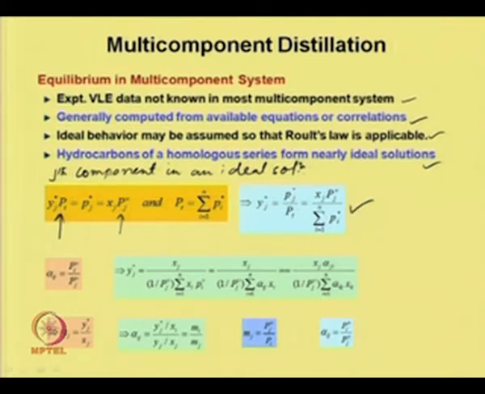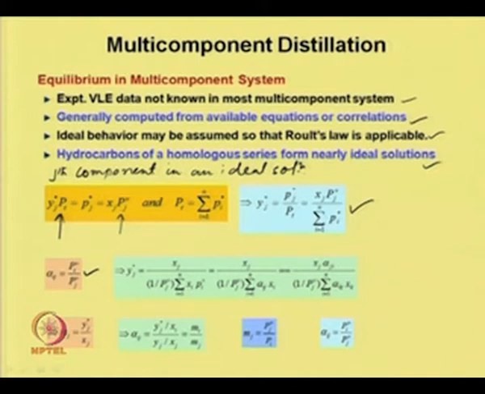We know that the relative volatility between component i and j is alpha ij, which is equal to Piv divided by Pjv. If we substitute these relations in these equations, we can obtain Yj star is equal to Xj divided by 1 by Pjv summation over i equal to 1 to n xi Piv, which is equal to Xj divided by 1 by Pjv summation over i equal to 1 to n alpha ij xi.